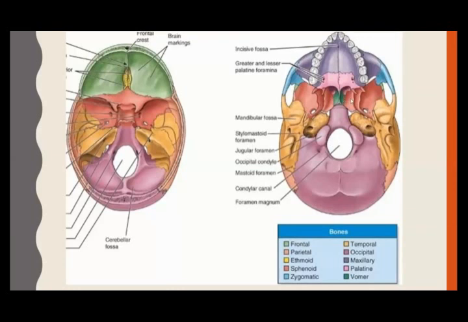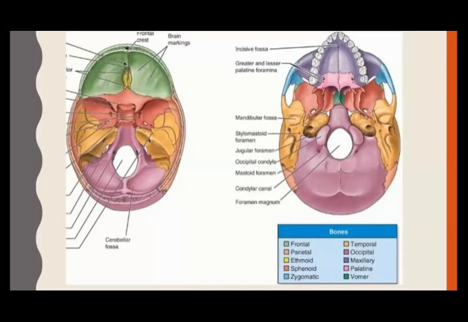Now look at this midline: this is the partition of the nose. The green one is called the vomer. It is a separate bone that forms a partition of the nose. At the back are the posterior nasal openings.